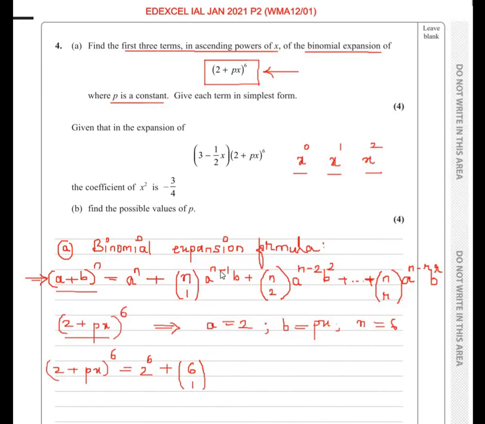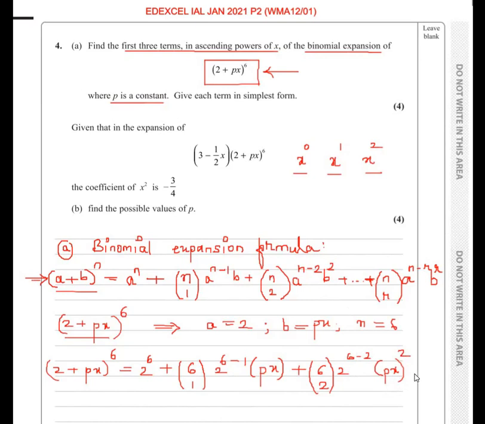Then a to the power of n minus 1. So a is 2 to the power of 6 minus 1. b is px, so we write px here, plus nC2. So n is 6, we have 2. Then we write a to the power of n minus 2. a is 2, n is 6 minus 2. b to the power of 2, px to the power of 2.